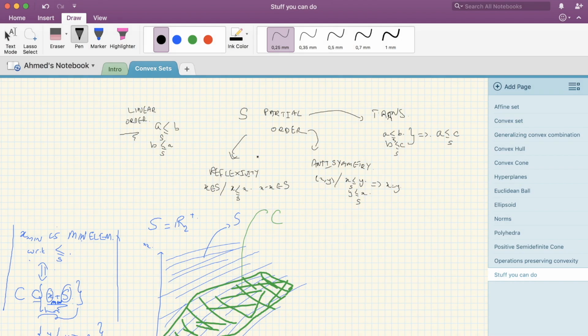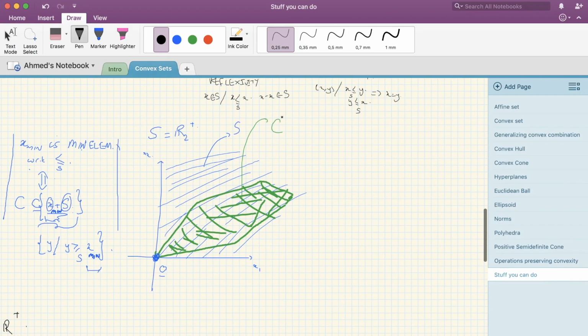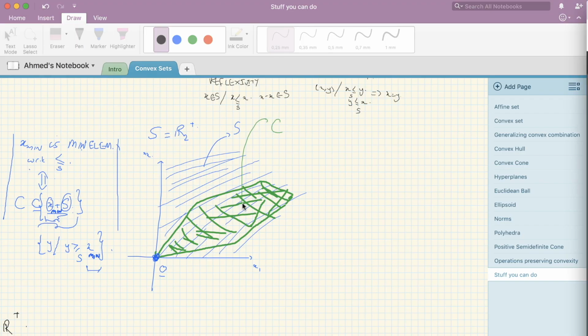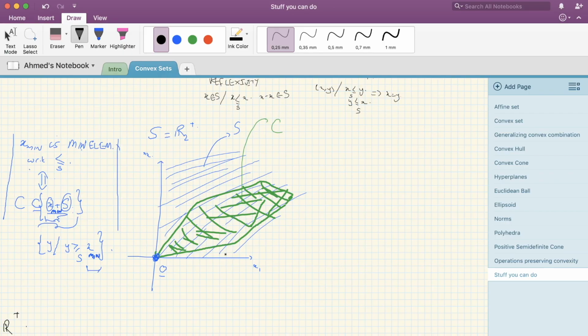Now going back to this example, is our S, or the R2 plus, a partial order? Yes, you can go ahead and verify. All three properties hold for this S, and therefore we can apply what I was previously saying, which is if your S, or R2 plus, is a partial order, and if you manage to find a minimum element, then your minimum element is also a minimal element and is unique.